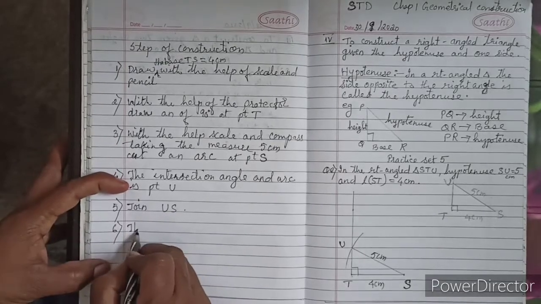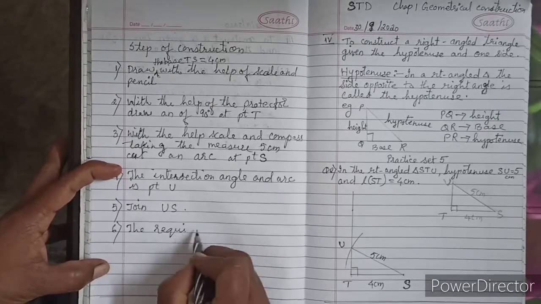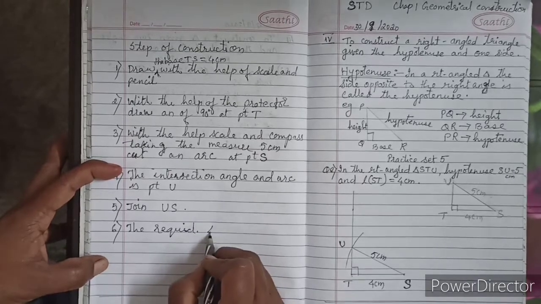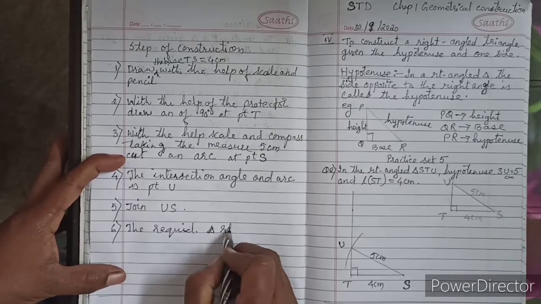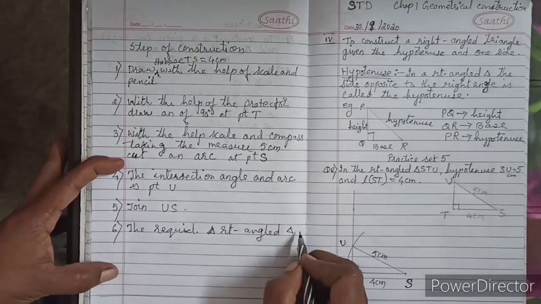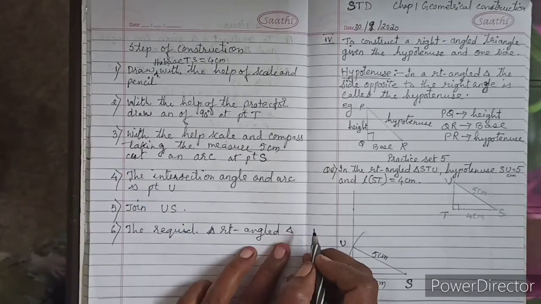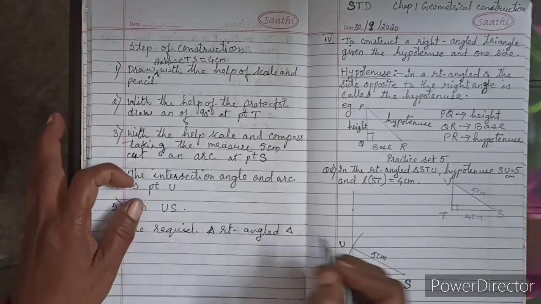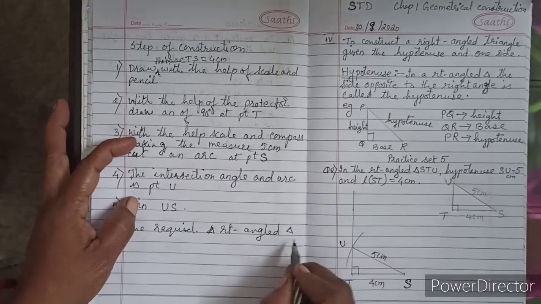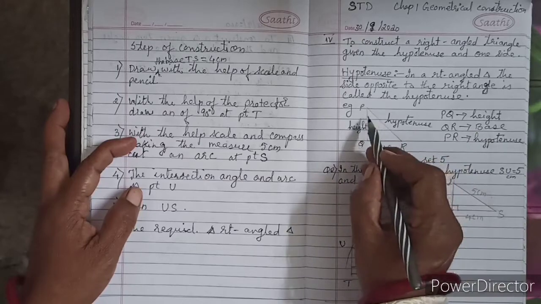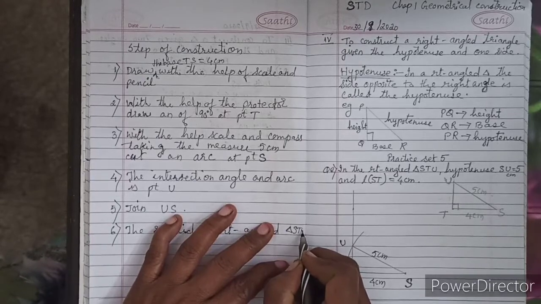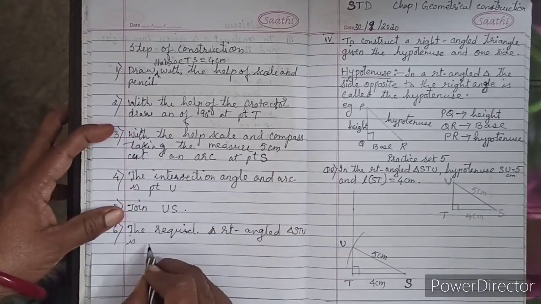Now the required triangle, that is the right angle triangle STU given in the question, is constructed.